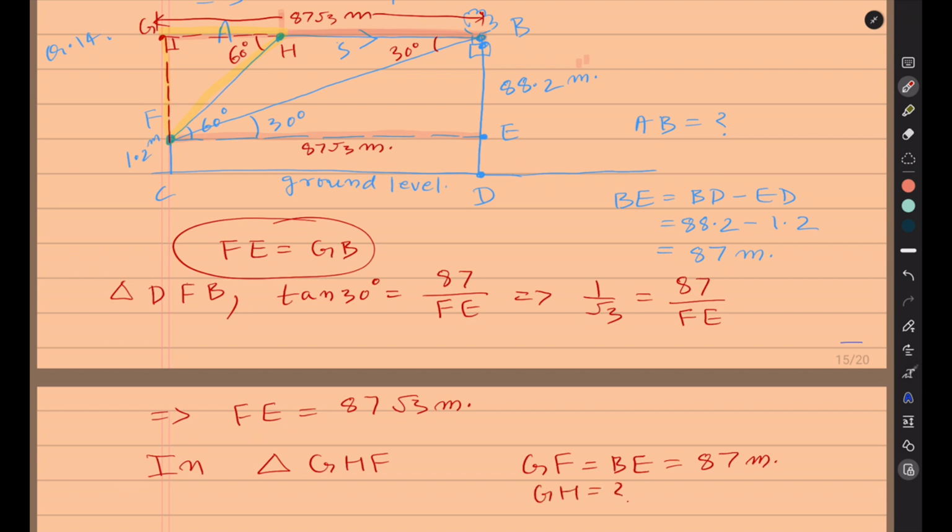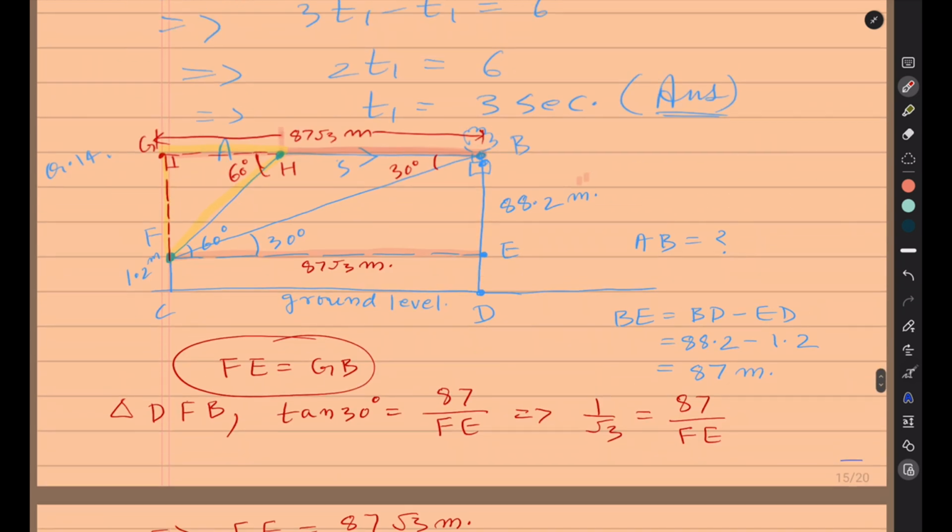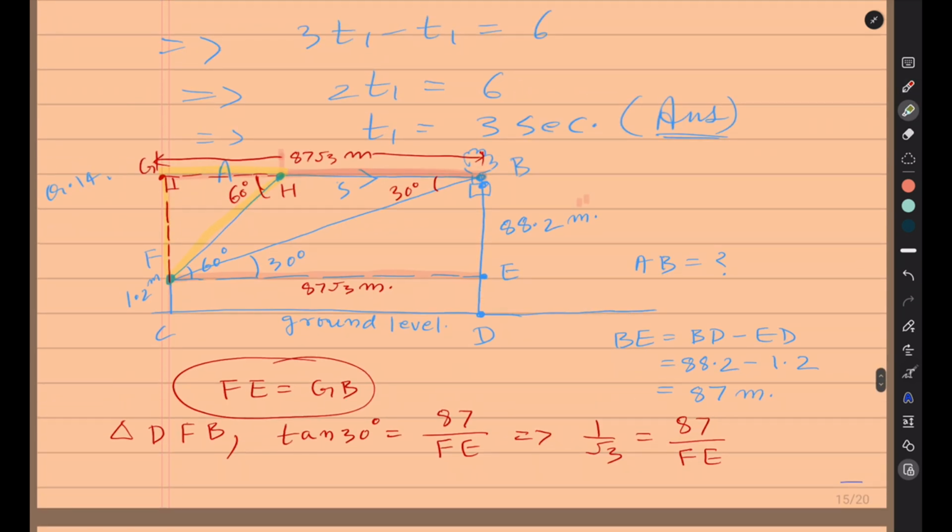GH we don't know, but we know the angle here. This is 60-degree angle. So we can apply this trigonometrical ratio. Tan 60 will be equal to this divided by this, because this will be the perpendicular and this will be the base. So in a way, P by B, isn't it?